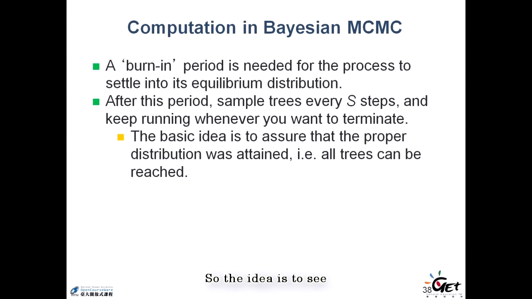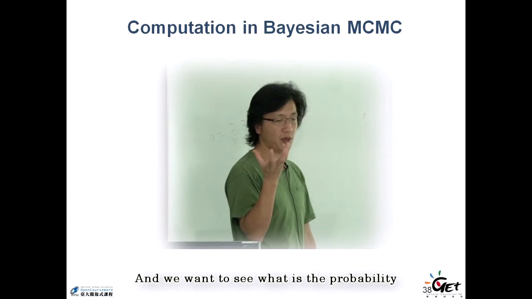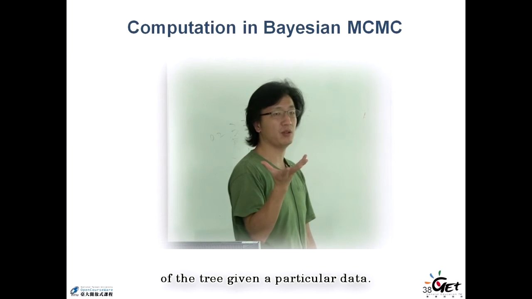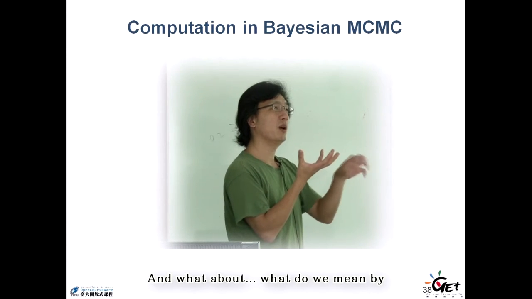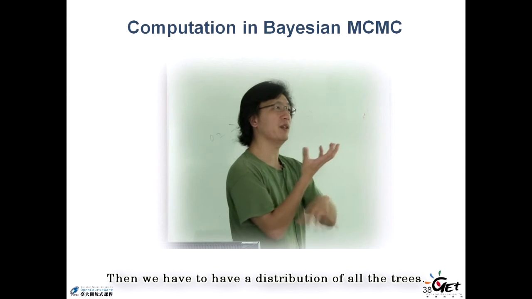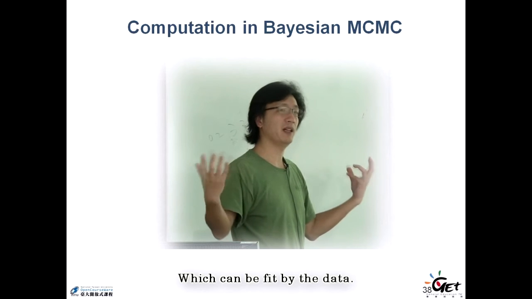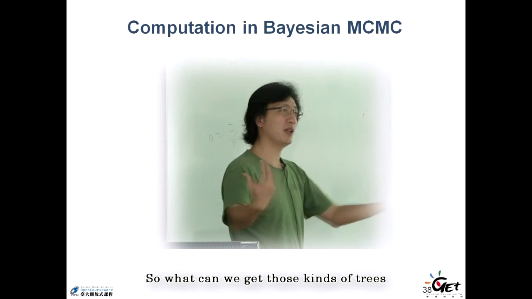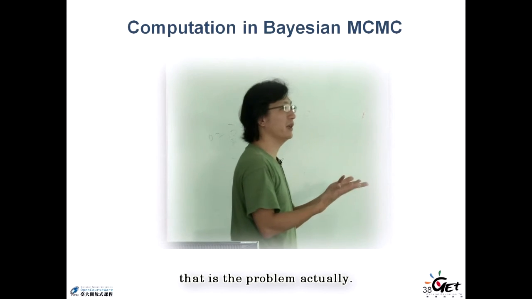The idea is to see, okay, we got a tree, and we want to see what the probability of the tree is given our particular data. What do we mean by the probability of the particular tree? Then we have to have a distribution of all the trees which can be fit by the data. So how can we get those trees? That is the problem actually.